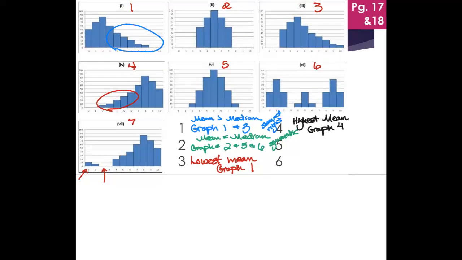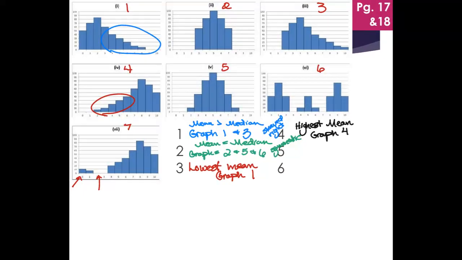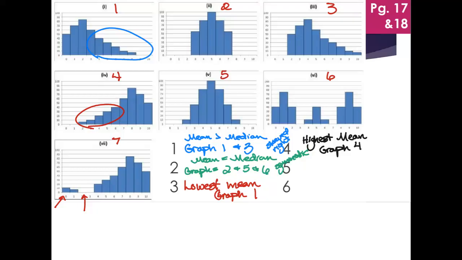All right, number 5. Which histogram appears to have the largest standard deviation? Largest standard deviation, the largest spread. Well, let's see. Graph 6 goes from 0 to 10. Does anything else go from 0 to 10? Actually, 7 does.